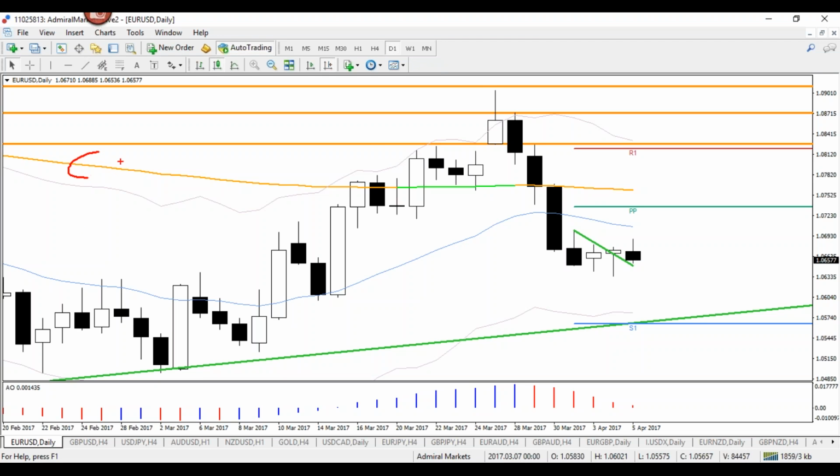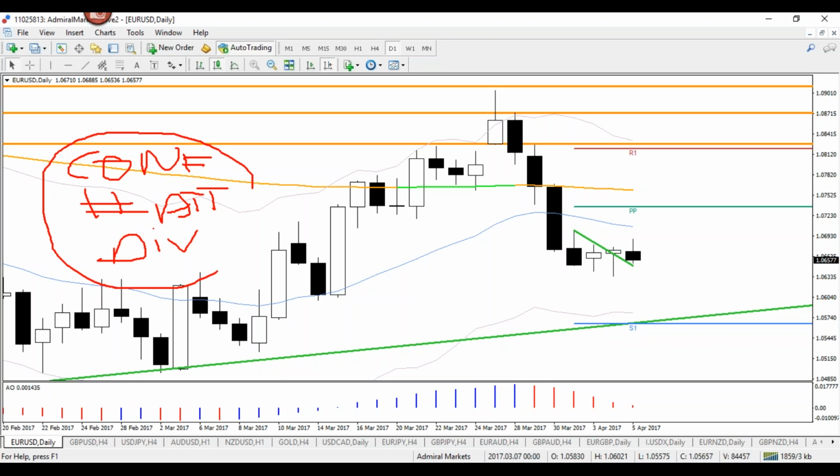So confluence, number of attempts, and then divergence is understanding whether I'm looking for a bounce or break. First step is decision zones, right? Decide the decision zones.